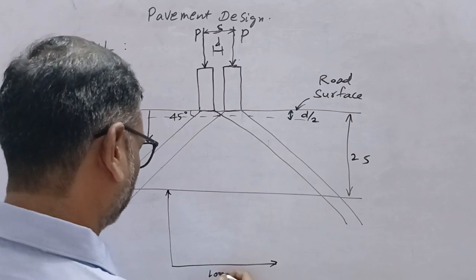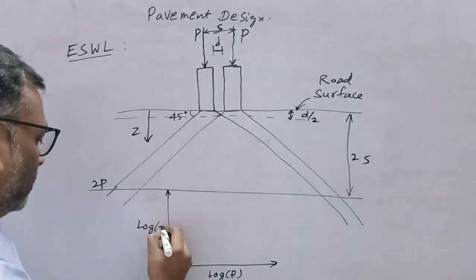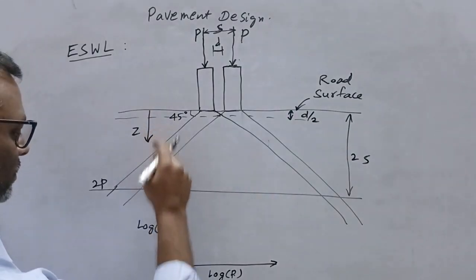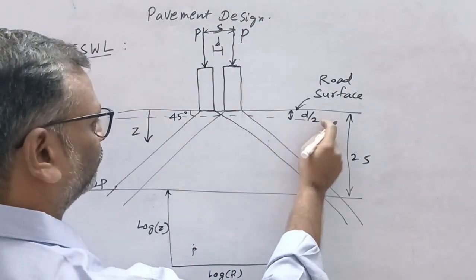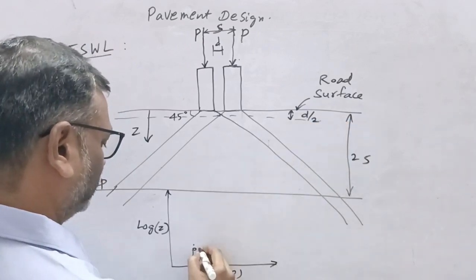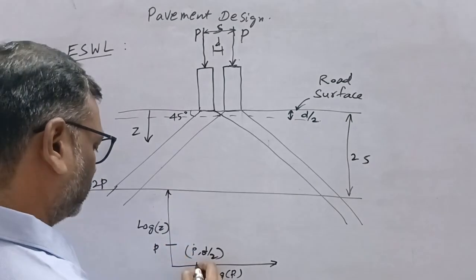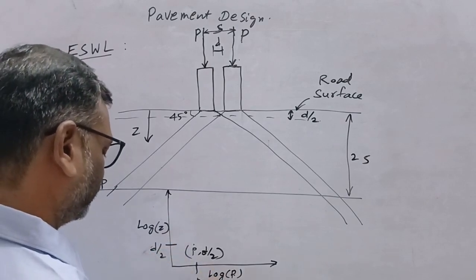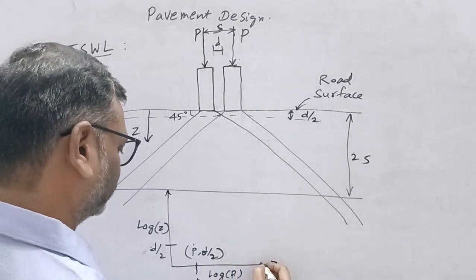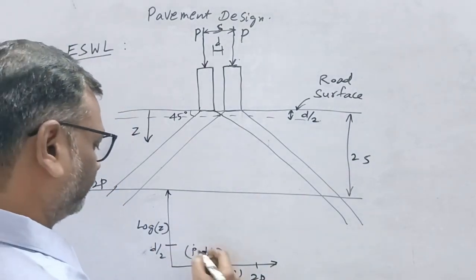So log of the load, and similarly log of distance from the top, log of the depth Z. At P we have each individual load P, and P and D by 2 as the starting point. So this is P, so as it reaches 2P, you can take vice versa also, no problem.